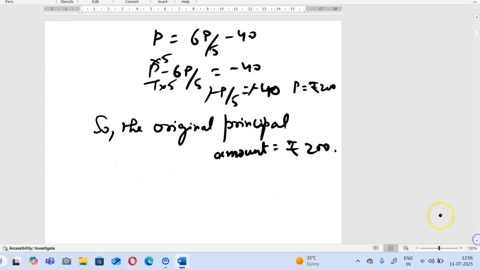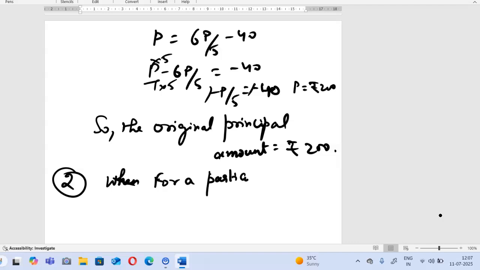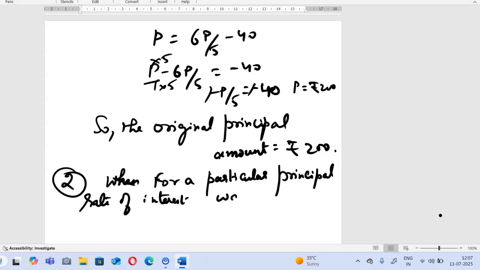Let's go to the second sum. For a particular principal, the rate of interest was 20%.